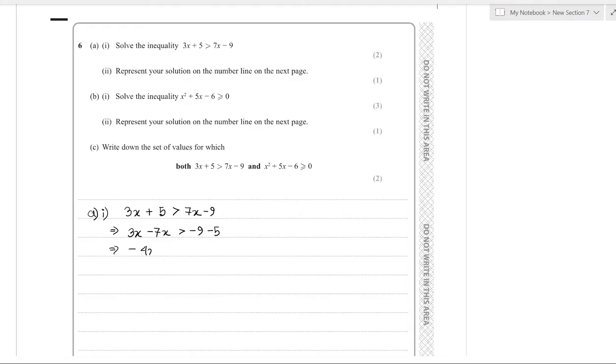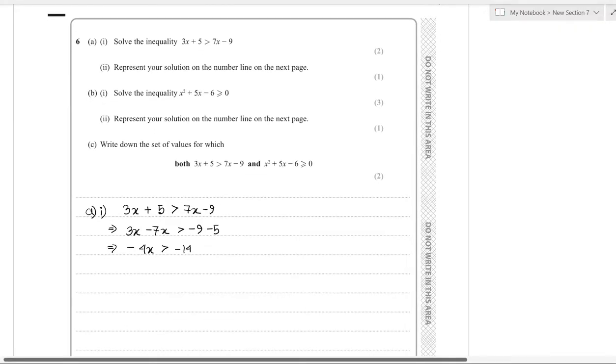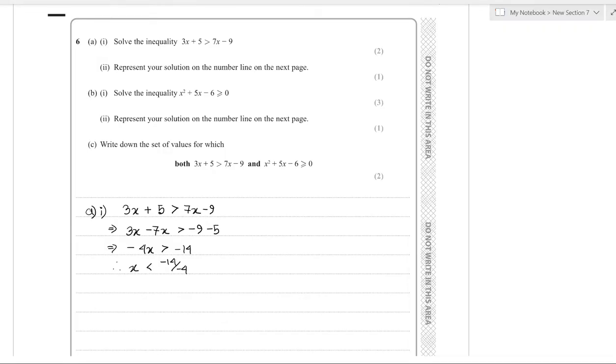You have minus 4x greater than minus 14, and as you have negative 4 associated with the x, whenever you move that negative 4 to the right hand side, the entire inequality sign will just reverse. So it will be x greater than minus 14 by minus 4. You have a value of 3.5. So x is less than 3.5.